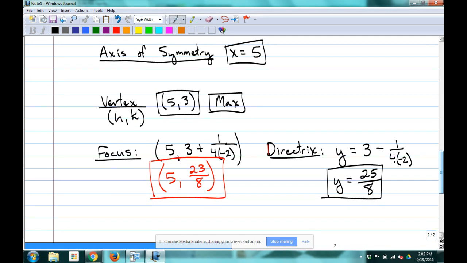And then go from there. Okay. So your problems from the last several days, 7 through 30. That's what I want you to find all of these things for: the axis of symmetry, the vertex, the focus, and the directrix. Also max or min on the vertex.